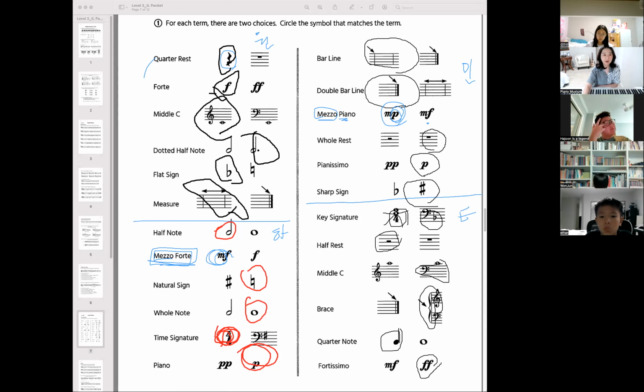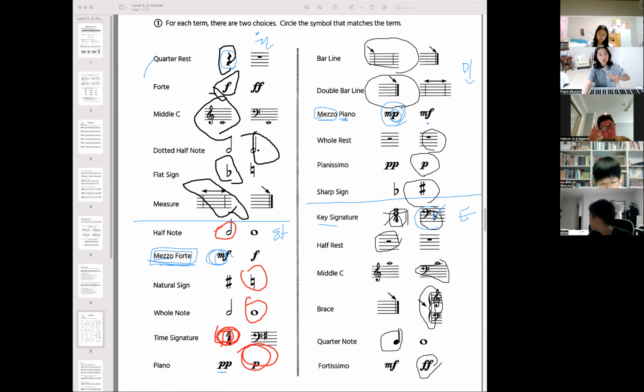And then after that, natural sign, whole note, time signature, piano. What do we call this one? Pianissimo. Okay. Fortissimo. Good. Quarter note, braces, middle C, half rest. Key signature is this one. Yes. E flat.